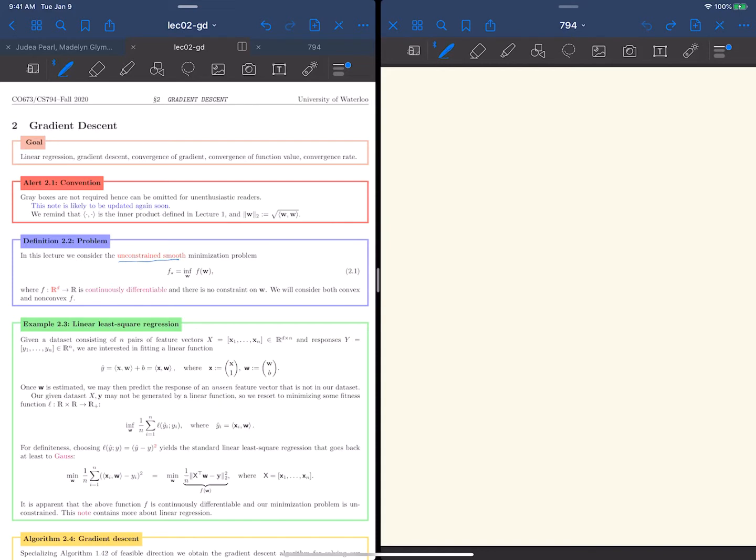Unconstrained means that there's no constraint on the variable we're trying to minimize. And the function f, usually called an objective function. This is what we want to minimize.